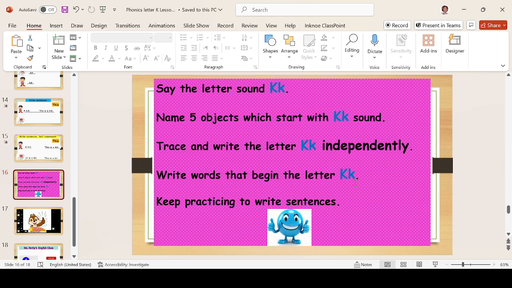Or then you go on to it is a kid. And this is a kid. So three sentence structures you can write so far.